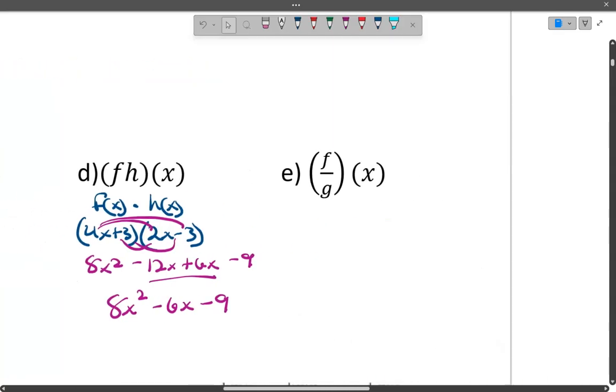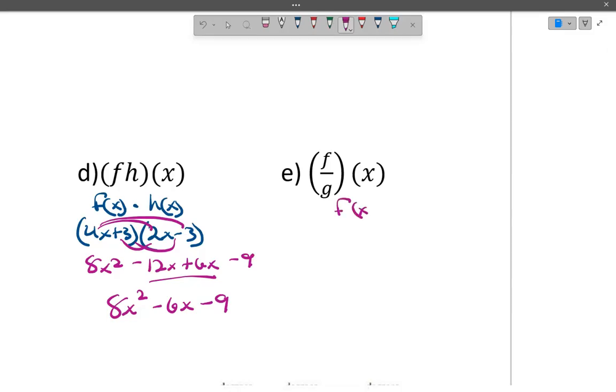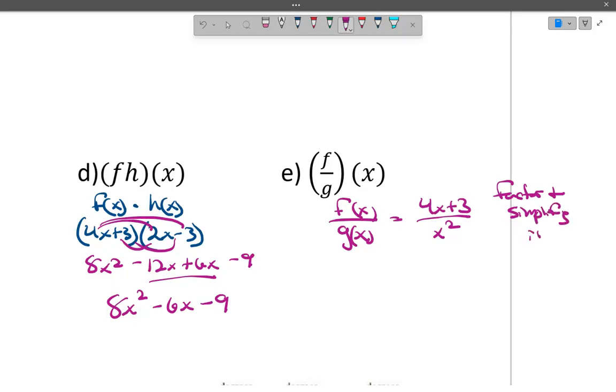And then we're going to do our division, f over g of x. So we're going to have f of x divided by g of x. F of x is 4x plus 3. G of x is x squared. We would look to see if we could factor and simplify, if possible. In this case, we can't, so we'll just leave it here. And then we have to make sure that we identify what x is not allowed to equal.